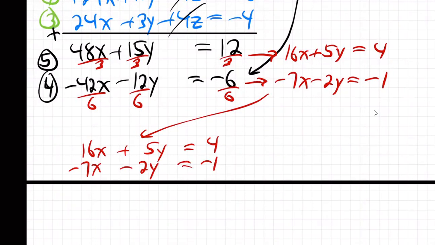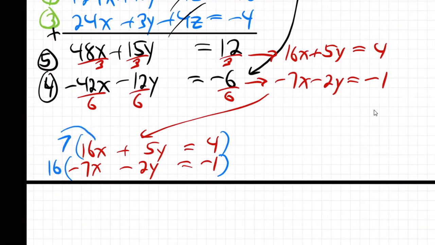We multiply, don't we? So I'm going to take this top equation, multiply by 2, the bottom equation by 5. So I'm looking at the y's, and I'm wanting to make them cancel. I could do the x's. It doesn't really matter. Yeah, maybe I'll just do the x's. Do whatever you feel like doing. I'll do the x. I just changed my mind. I'll multiply this guy by 7, this guy by 16. Right? So I'm multiplying by the other guy.